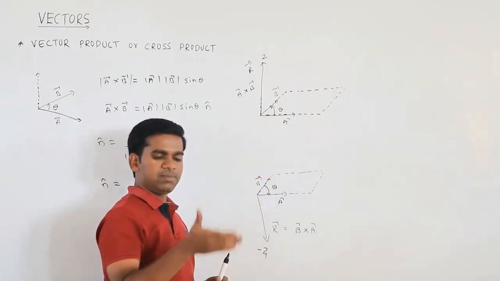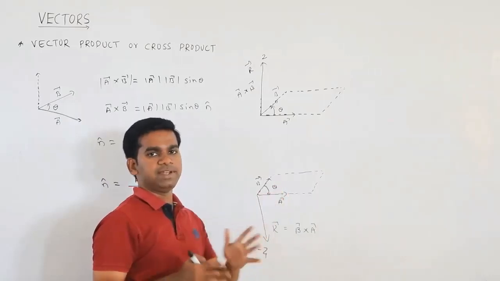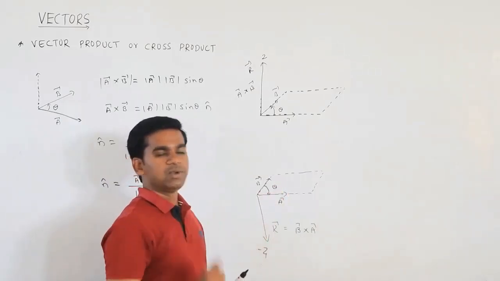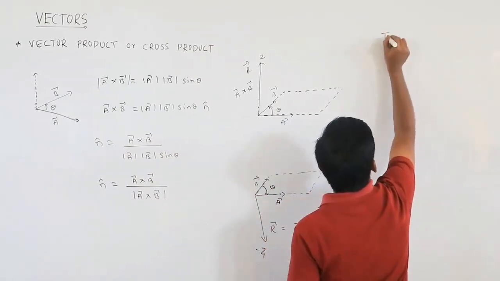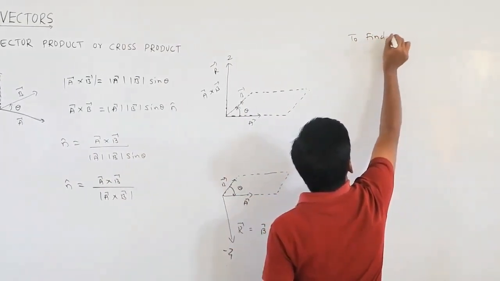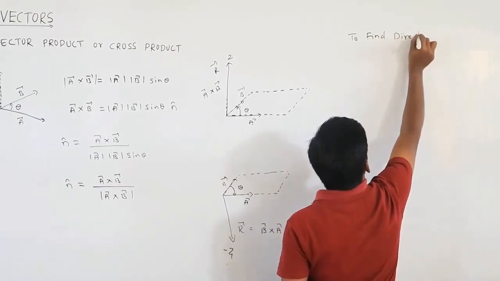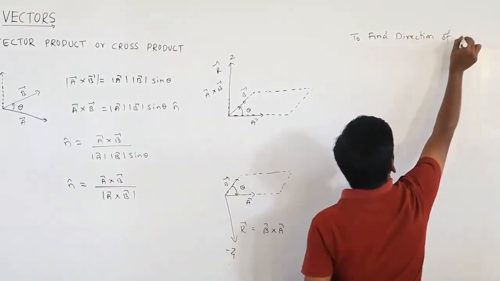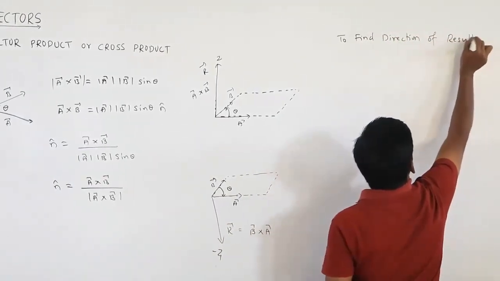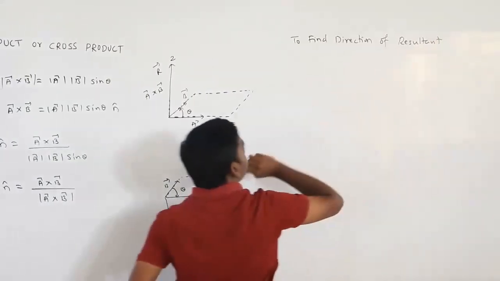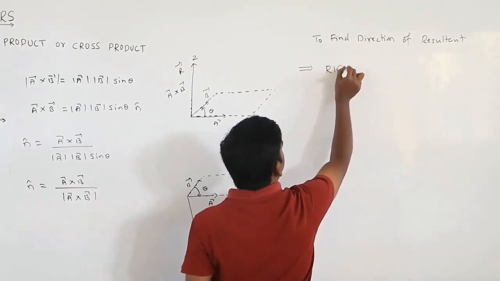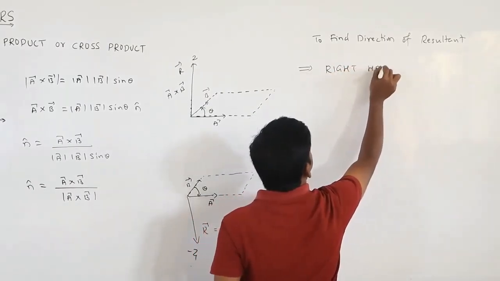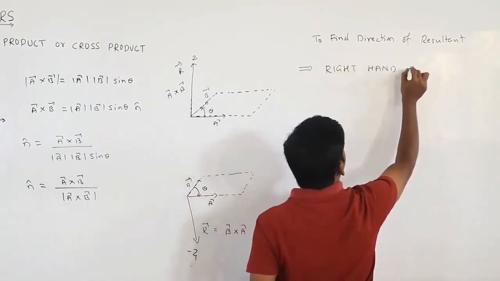But you should not use the left hand one time and the right hand another time. It is not possible. You have to use only your right hand. So to find the direction of the resultant, it is better to use something called the right hand screw rule.